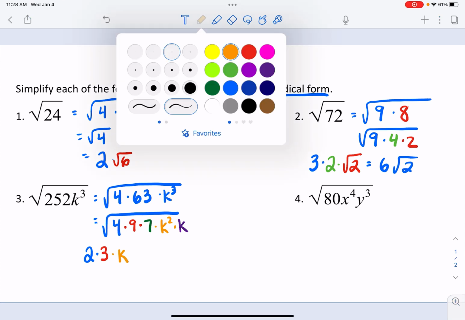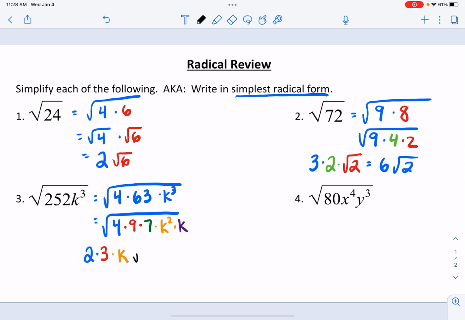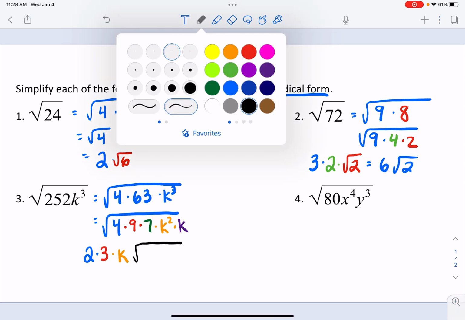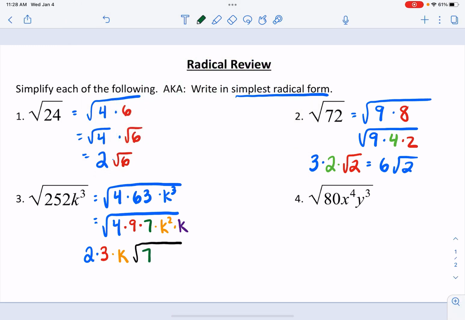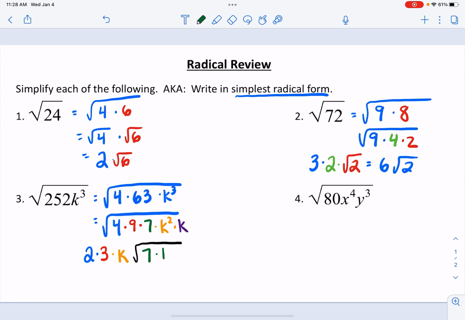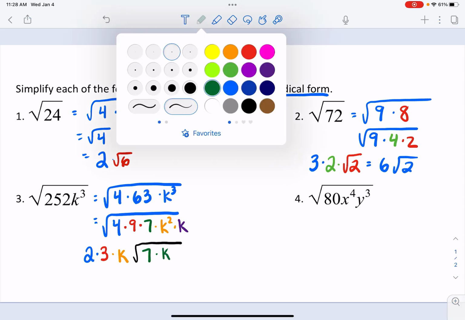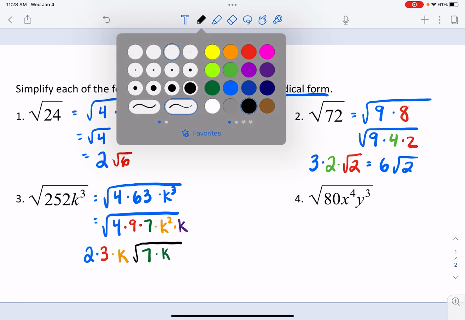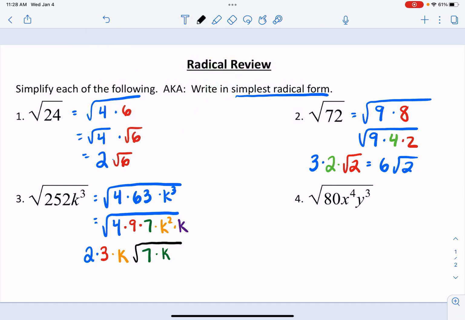All I have left over underneath my radical is the 7 and the k. There's no more perfect squares that go in there. So my final answer, I multiply the 2 times the 3 and get 6k. Underneath my radical, I have a 7k.